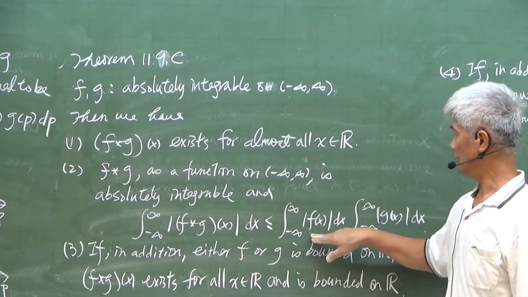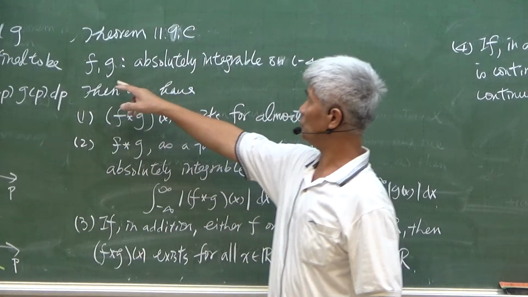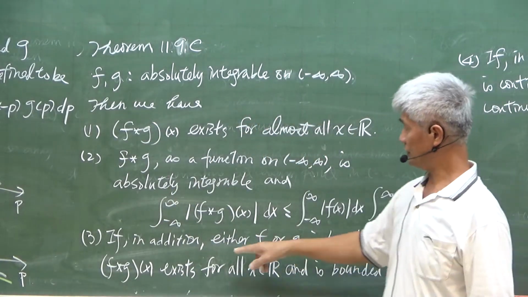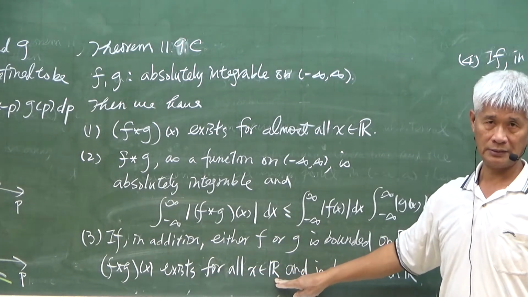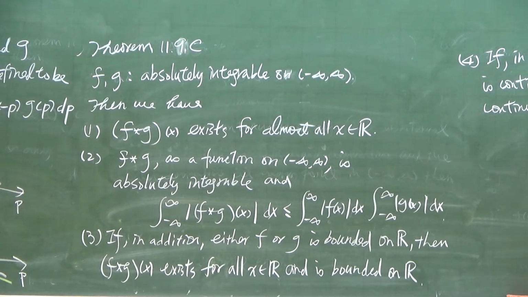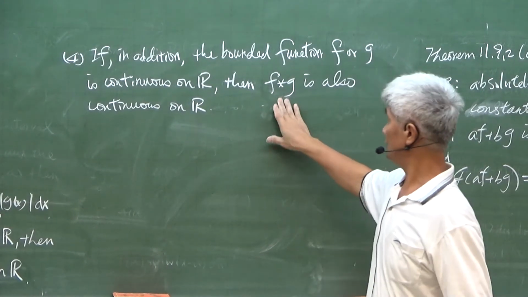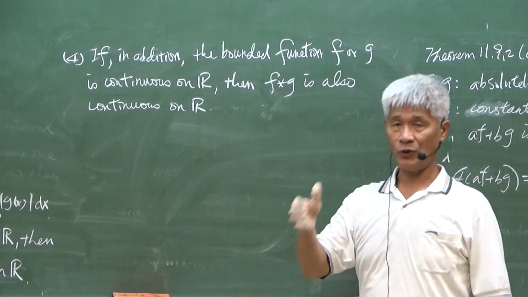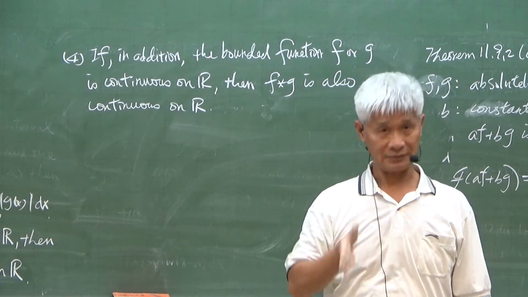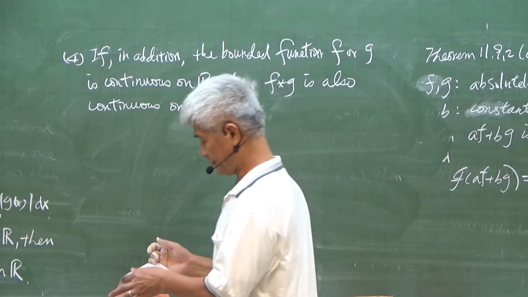We can see that it is upper bounded by the product of these two integrals. If one of f or g is bounded, then the convolution exists for all points and is bounded. Furthermore, if the bounded function f or g is continuous, then the convolution exists for all points in the real line and is bounded and continuous. Nice property.